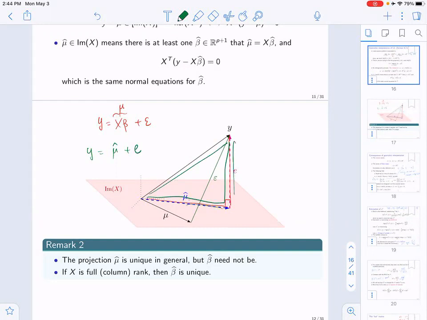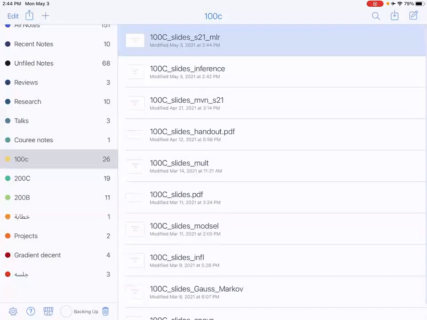And this is orthogonal to this. It also helps to remember that the residual is just y minus mu hat, okay? It's just not that difficult to remember. But the key is that this piece is orthogonal to the other piece. You can see E is orthogonal to mu hat. The reason is that E is orthogonal to the entire image and mu hat is in the image. So this is what the regression is doing geometrically.